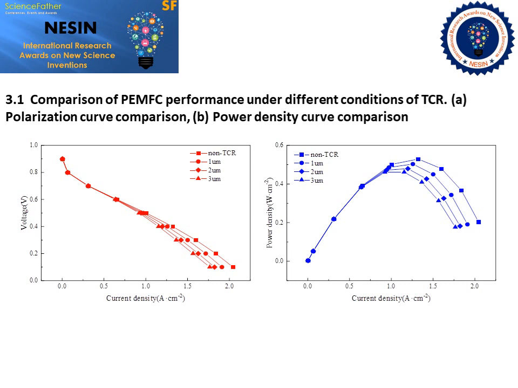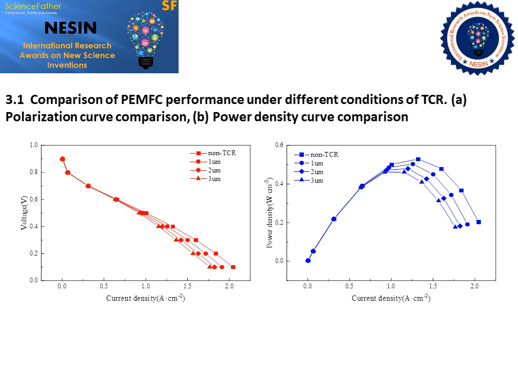Figure 4A shows the comparison of polarization curve of PEMFC for the 4 TCR operating conditions. When the output cell voltage of PEMFC is higher than 0.6 V, there is almost no difference between the polarization curves of the 4 operating conditions.